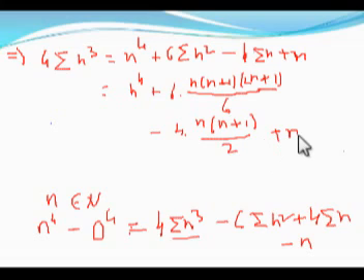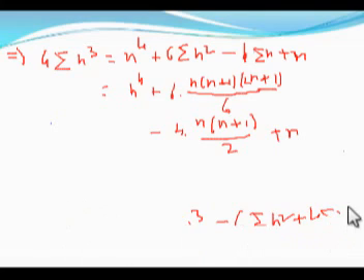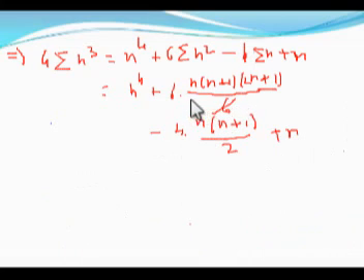So we can take n common from all four terms on the right hand side. The 6 will cut, and 2 cuts 4 by a multiple of 2.